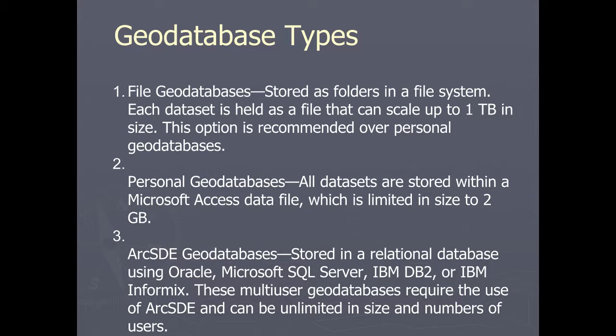Since then, Esri has released the file geodatabase, and the file geodatabase is recommended to be used instead of the personal geodatabase. You won't see many personal geodatabases, and you should never create one. You should always work with a file geodatabase unless you're working with number 3, the ArcSDE geodatabases.